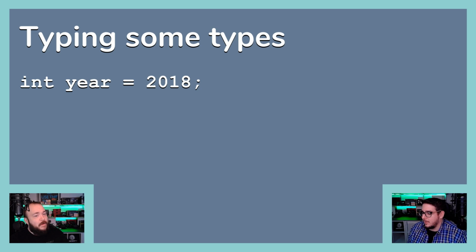You're saying that every time you have the word year, it's 2018. It stores that value. And if you had some code afterwards that uses year, you would imagine it has something to do with years, dates, or time. But the computer doesn't know that.